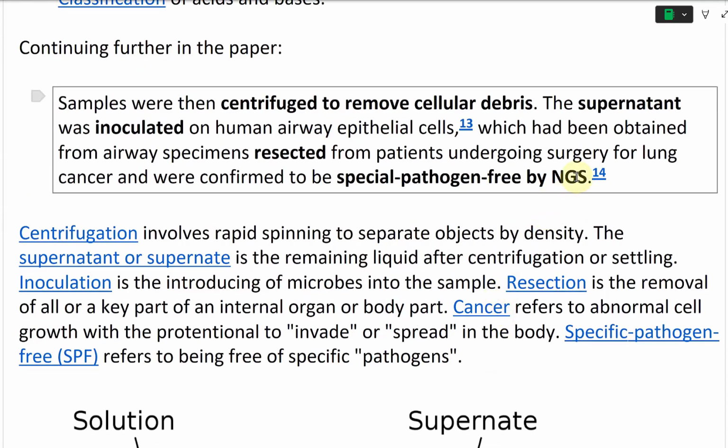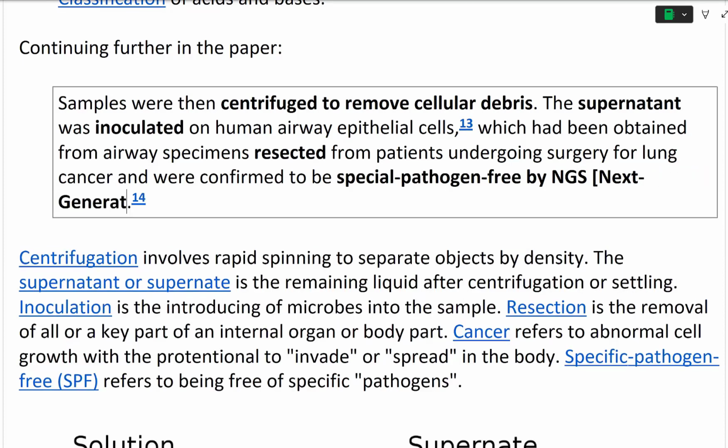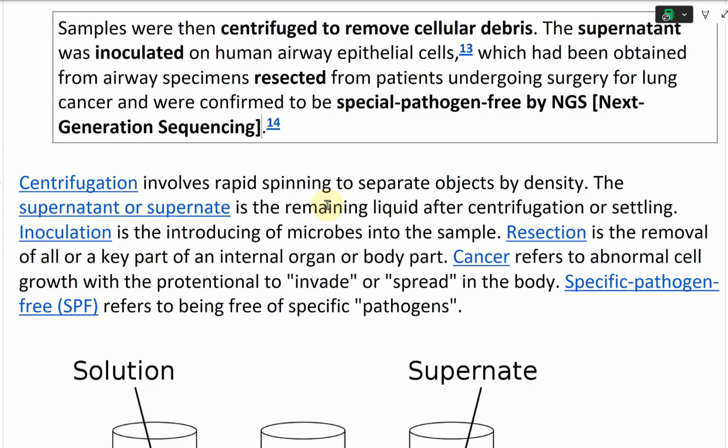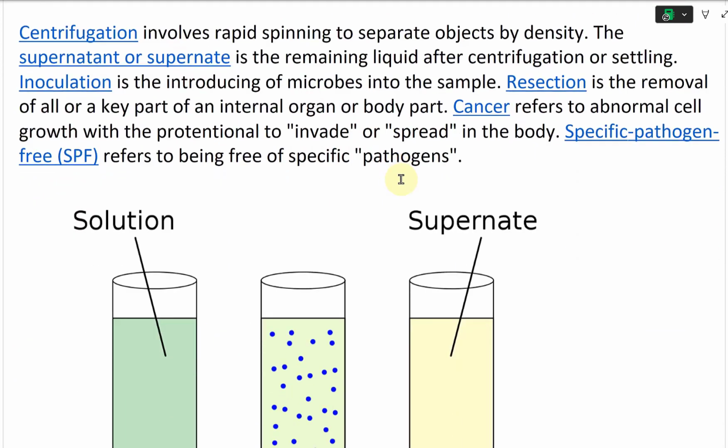And lastly, this NGS, actually let's put this in brackets right here, next generation sequencing. So in other words, they just did a genetic sequencing, and then they said, oh, all right, there's no special pathogens, or these specific ones that they're looking for, that may interfere with this test and so on.